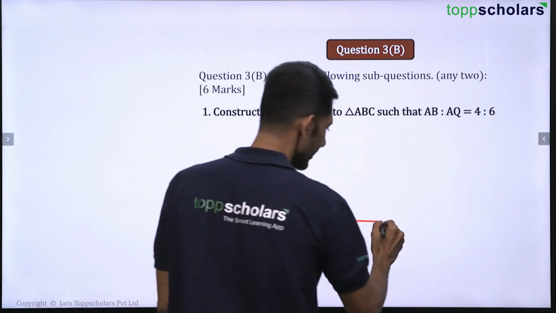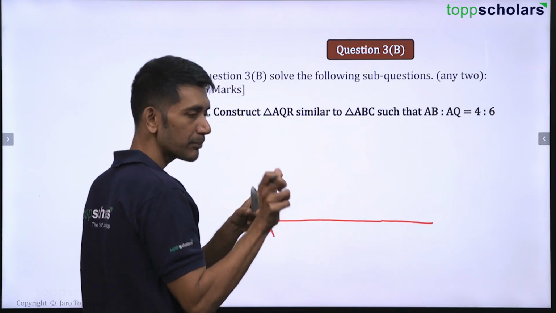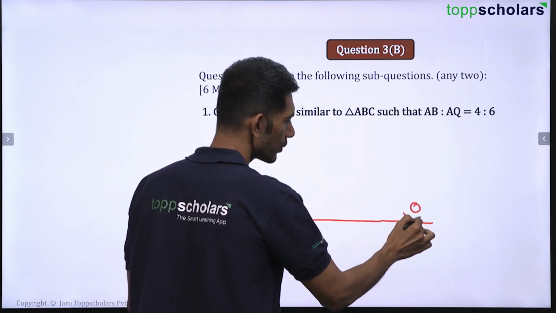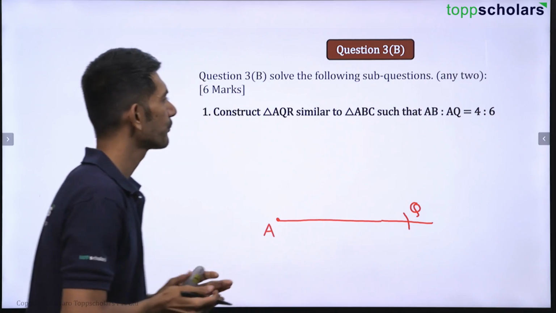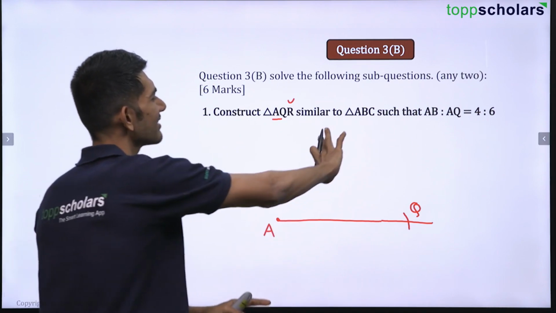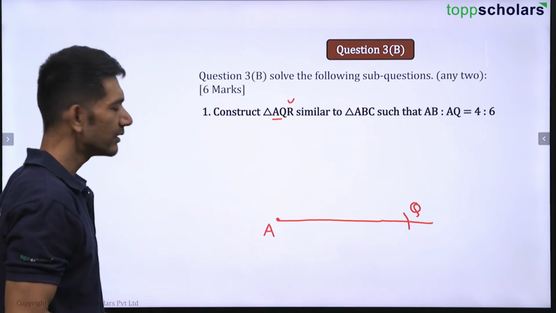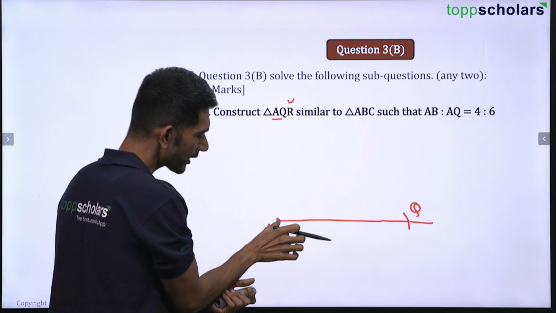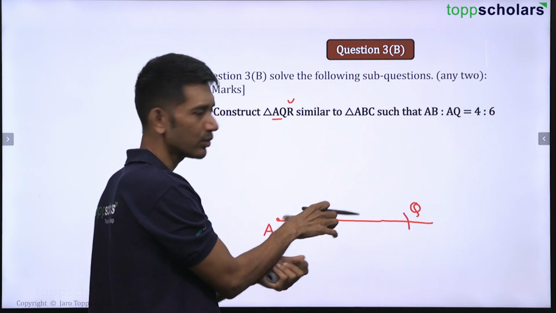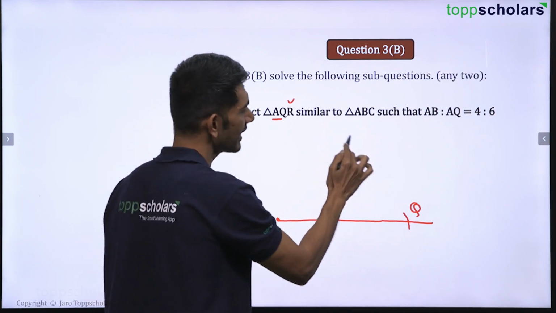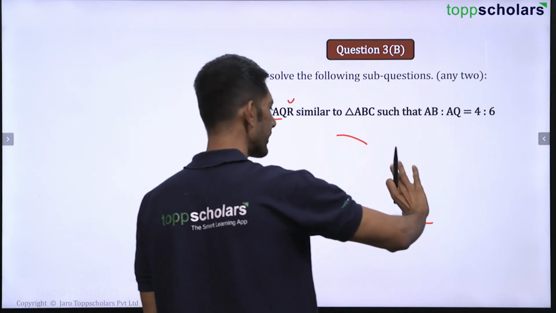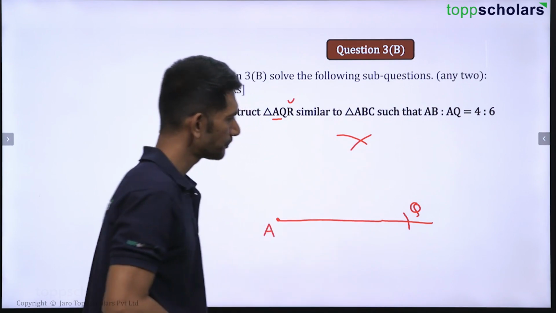Just draw a random line, and what you can do is, you can place your compass pointer at point A and cut some arc over here to take point Q. Now this is your AQ, correct? So AQ is done. Now you need R. So R is somewhere over here on the upper side. So what you do is, you place your compass pointer at point A, take pencil more than half of AQ, random, and just cut an arc. Very randomly, cut an arc. Now place the compass pointer at Q and cut an arc.